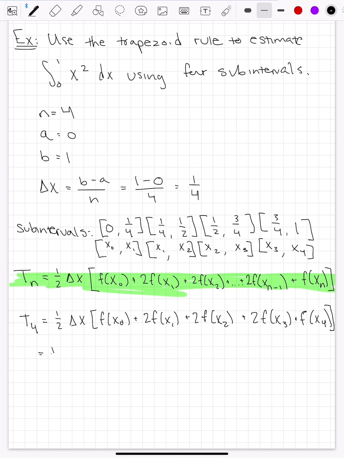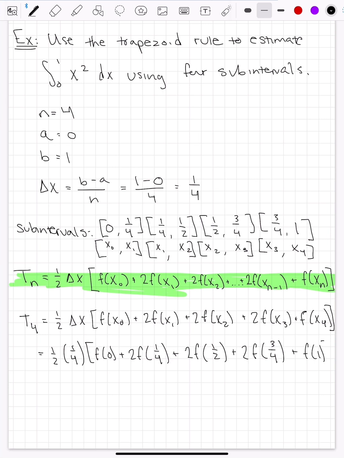So then I plug everything in. Change in x I had was 1/4, and then f of x0, that's f of 0, plus 2 times f of x1, which was 1/4, plus 2 times f of x2, which was 1/2, and 2 times f of x3, which was 3/4, and then x4 was just 1.